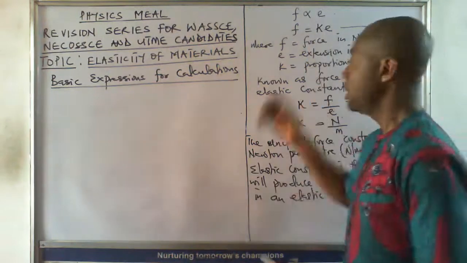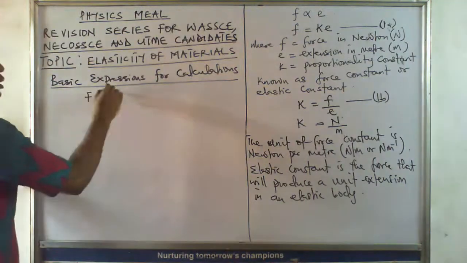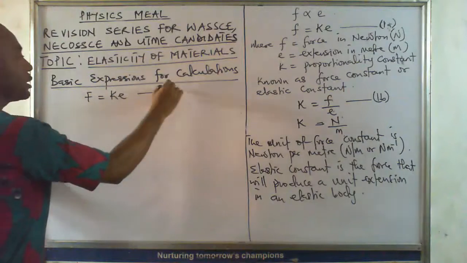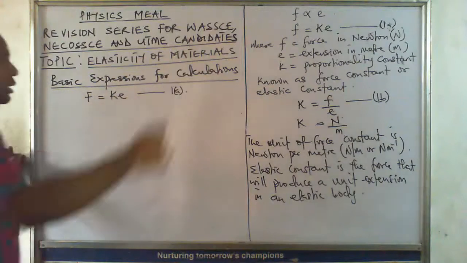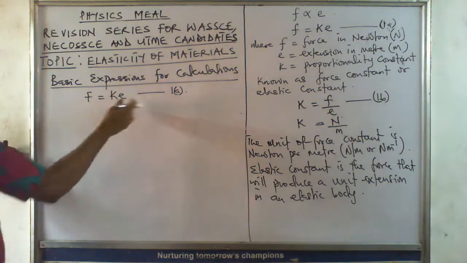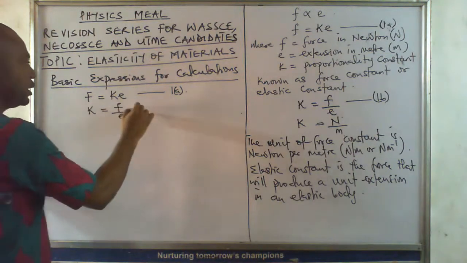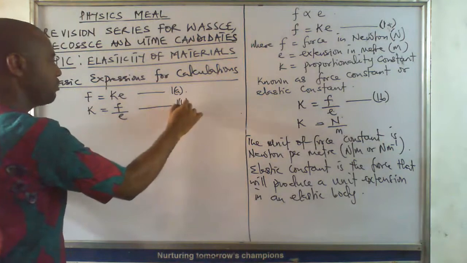Let's recall that we have said that F is equal to KE. That's our equation 1A. You remember that? Now, if F is KE, it means that K is F over what? E. That's our equation 1B.